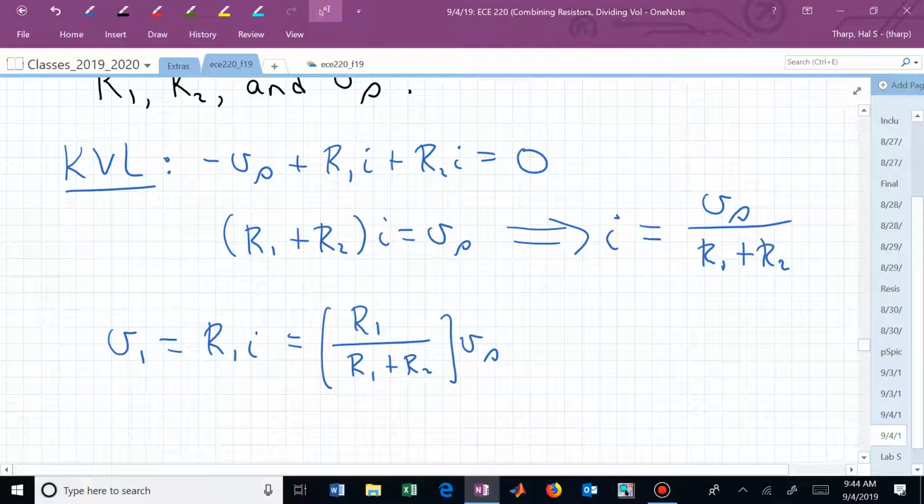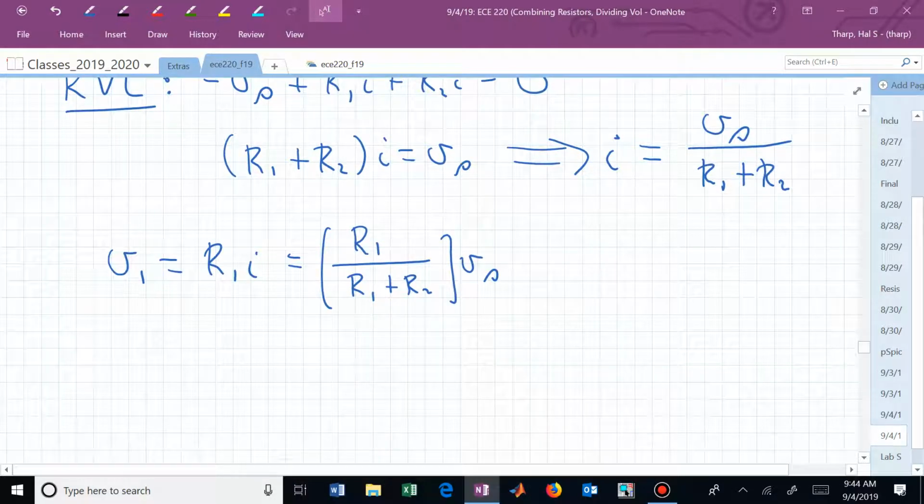Do you see now that V1 is a fraction of V sub s? R1 is obviously less than R1 plus R2. R1 divided by R1 plus R2 is going to be a fraction, and that's the fraction of V sub s that exists across R1. That's the voltage divided across V1. We can do the same thing for V sub 2.